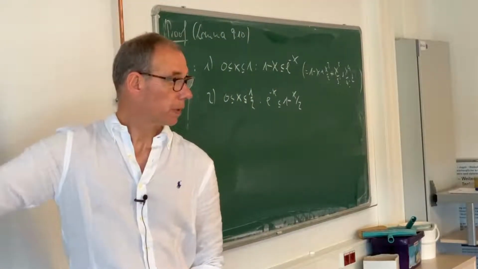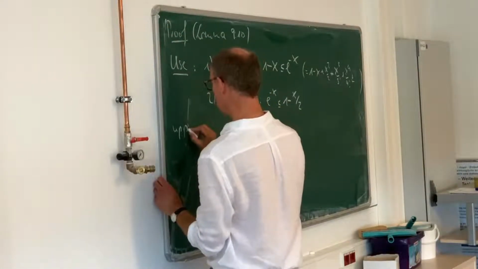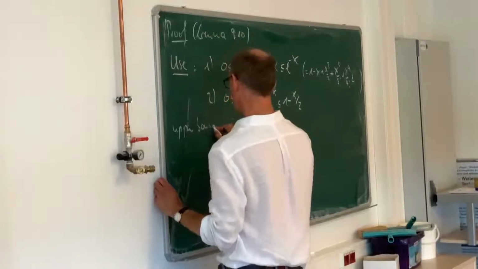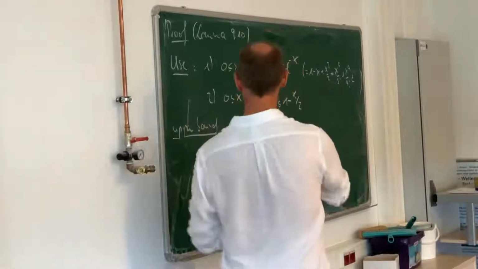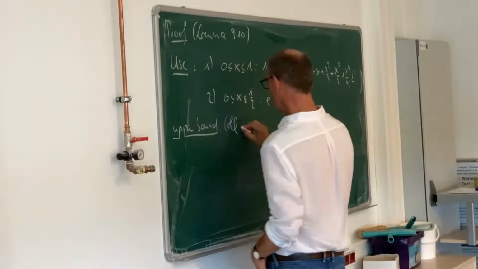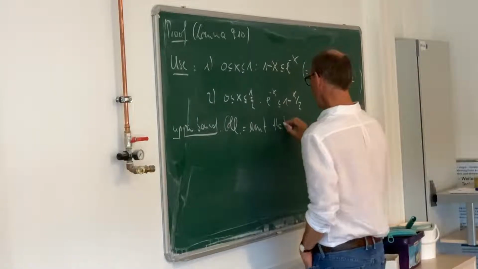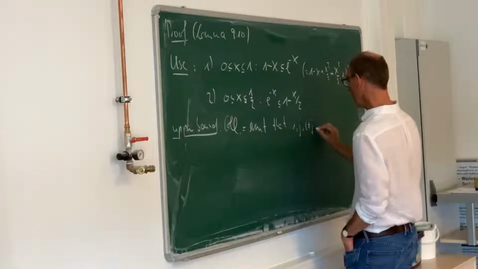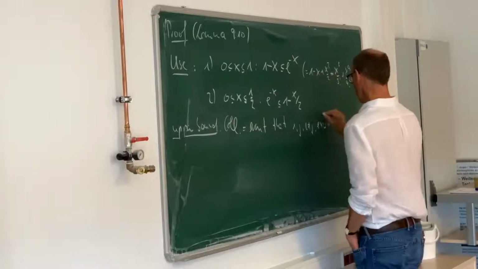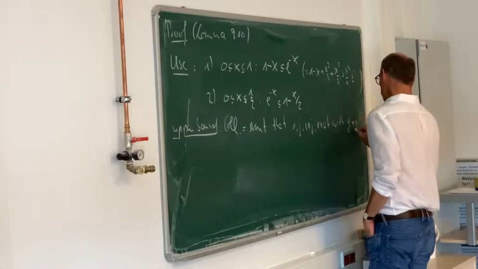So the upper bound first. And so let collision be the event that there exist i not equal to j with y_i equal to y_j.